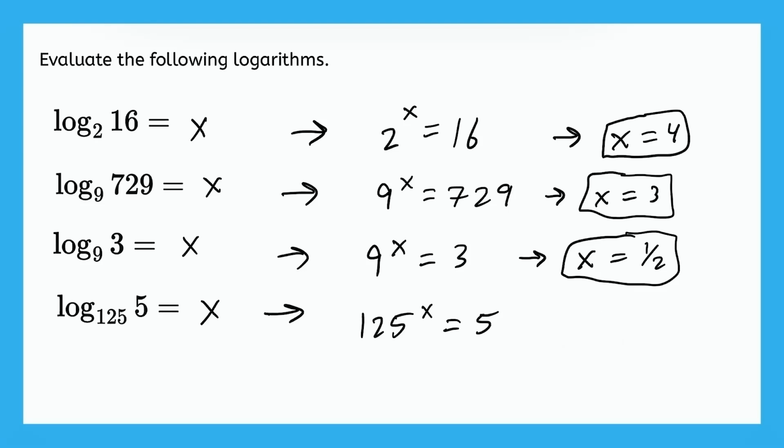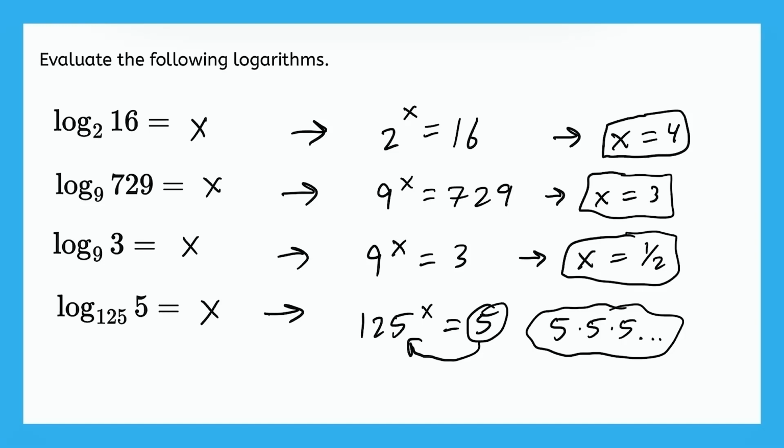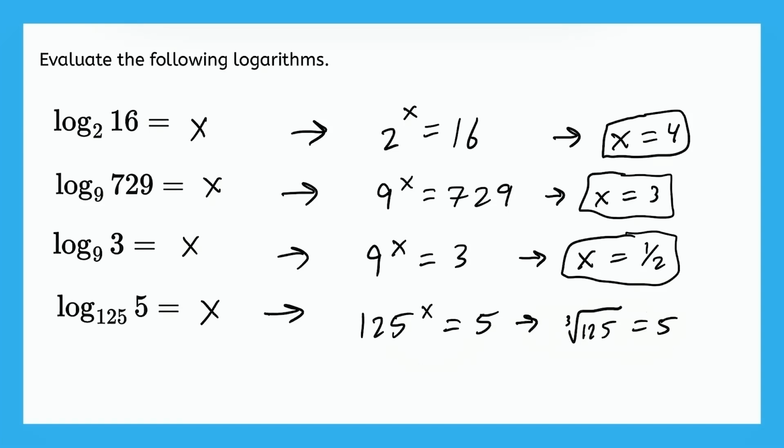So next, think about what is the value of 5 times 5 times 5. 5 times 5 times 5 is in fact 125. So we're getting close. One way to think about it is to go from 5 to 125, we cube the 5. So in the opposite direction, to go from 125 to 5, what do we do? We do the cube root, right? The opposite of the cube. Okay, nice. Now we're really close.